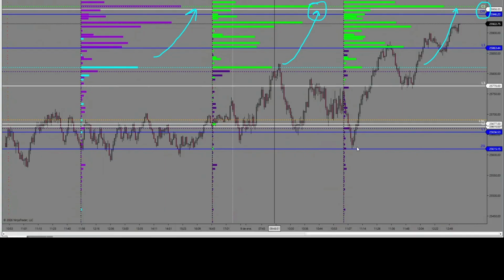Here, continuing, see the imbalance. You don't see anything here. You don't see negative gamma here, but you see big levels over the 0 gamma. Also, you will see that price touches the L3 and starts to go higher. Maybe you can take a long here and get out at this gamma level.